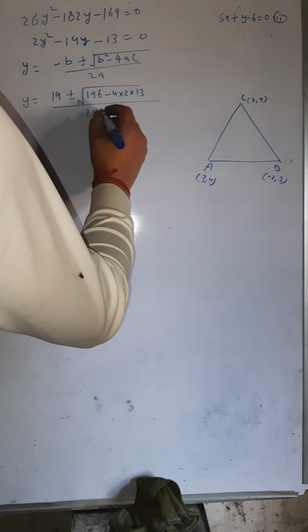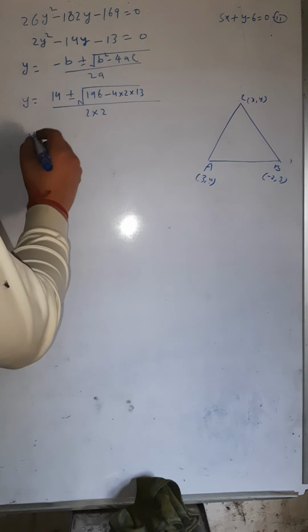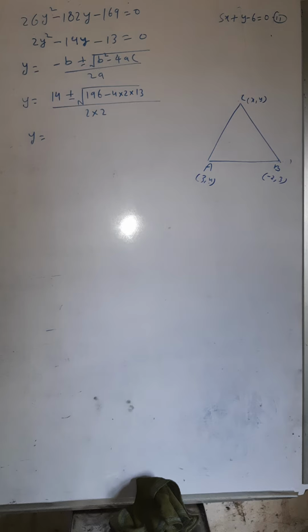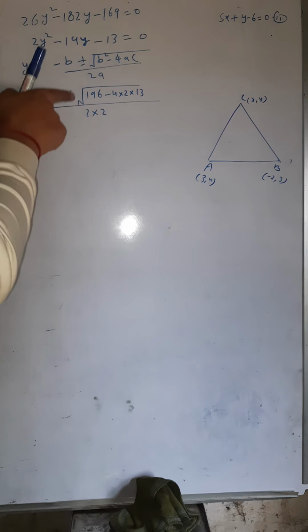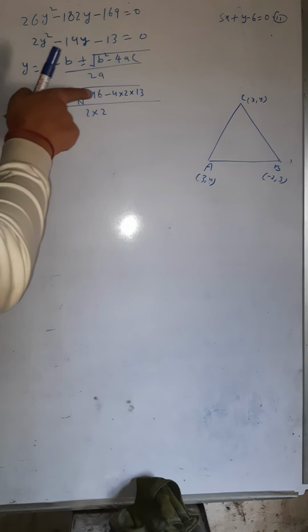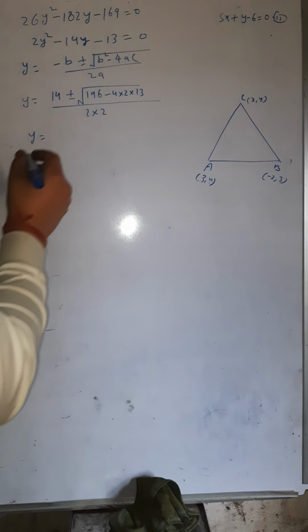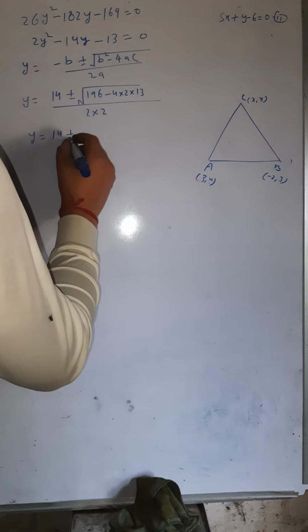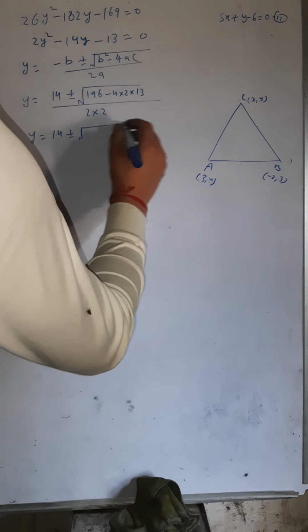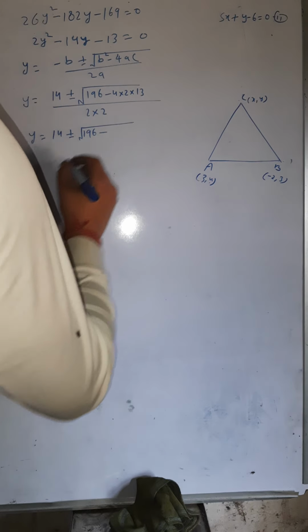And downside, 2 multiplied by 2. So it will be 14 plus minus under root 196.